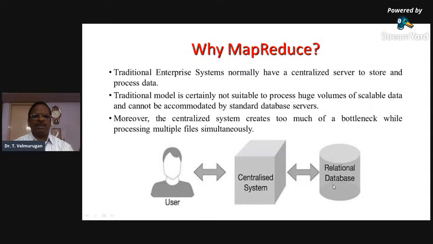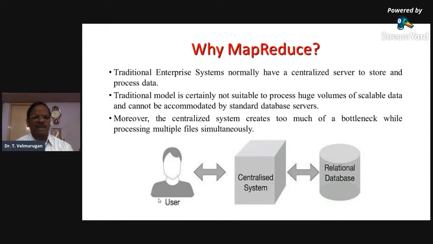Why do we require MapReduce? Assume a large amount of text data stored in a single server. Is it possible to download the information available in a single server very quickly?